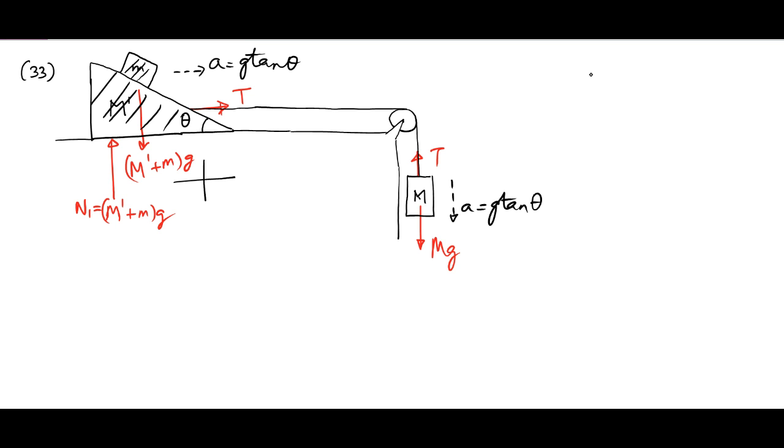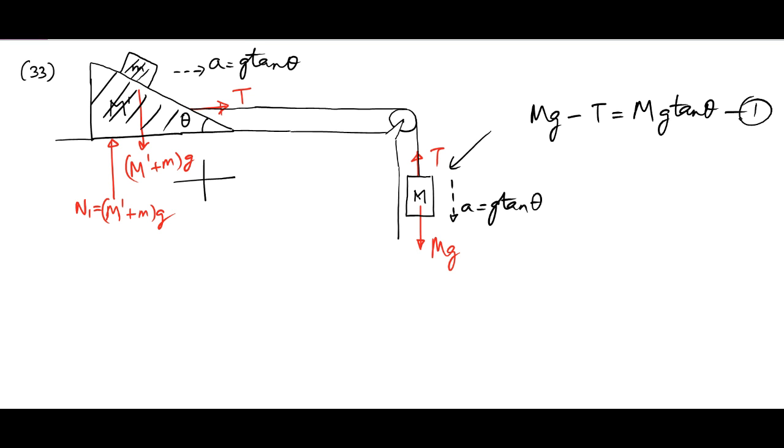You just apply Newton's laws of motion to, first of all, capital M in the downward direction. So the downward force is mg minus T, and that must equal the mass times the downward acceleration. You can substitute the downward acceleration as g tan theta here itself. That's my equation number 1.